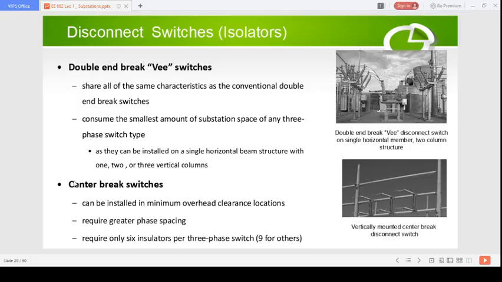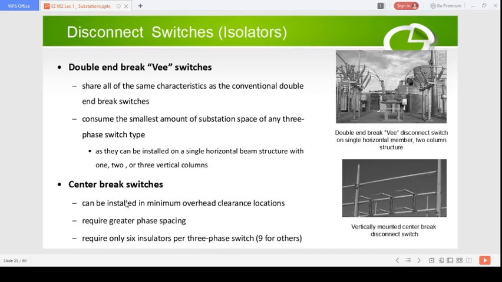Okay, so then you have the center brake switches. They can be installed in minimum overhead clearance locations. It requires greater phase spacing, and it requires only 6 insulators per 3-phase switch. But you need 9 for the others.